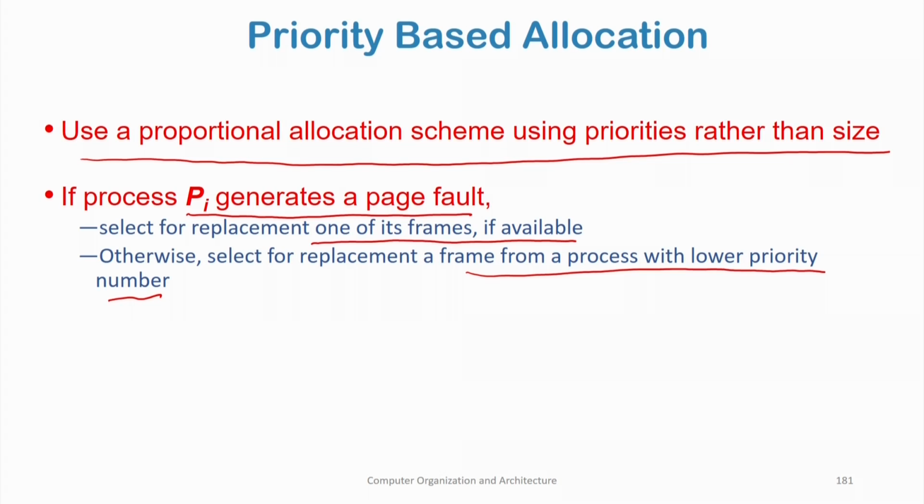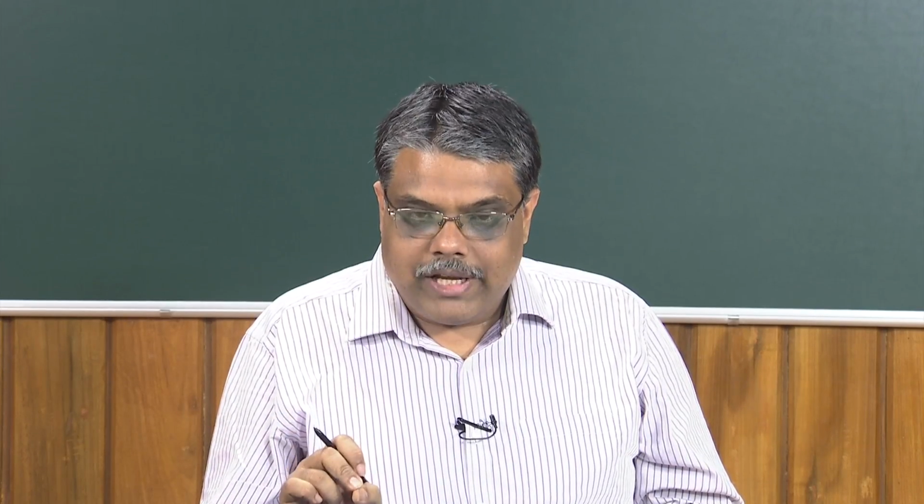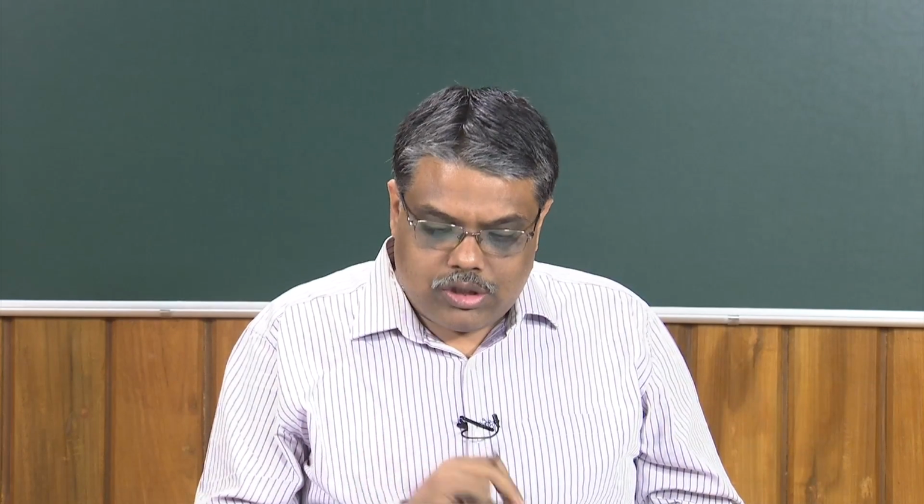During replacement, if I have free frames allocated to this process, I do a local replacement. I will choose a page for replacement from the frames which are allocated to this process.